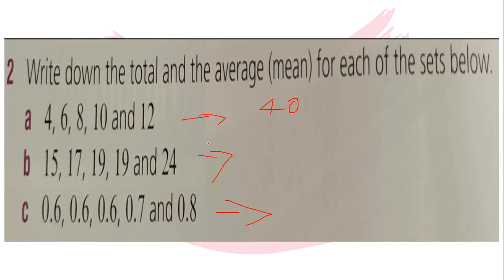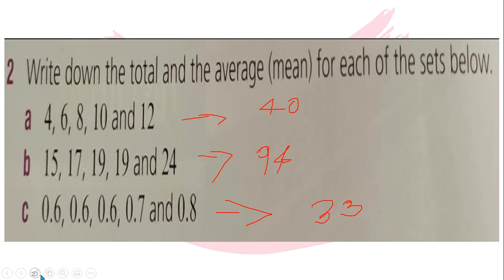So 24 plus 19 plus 19 plus 17 plus 15 will give us 94. And then finally we have in decimal 0.8 plus 0.7 plus 0.6 plus 0.6 plus 0.6, which makes it 3.3.